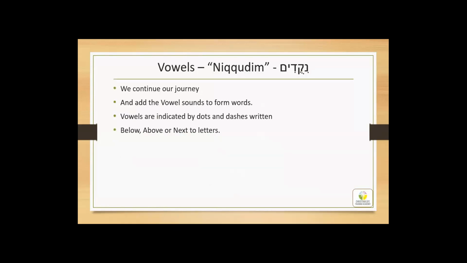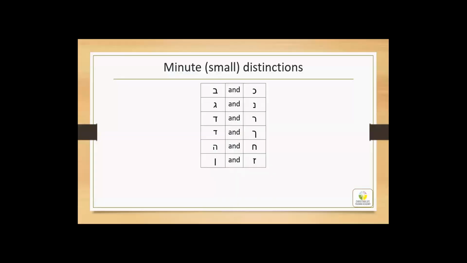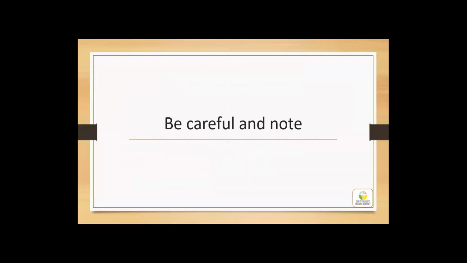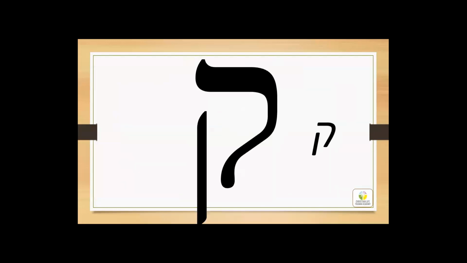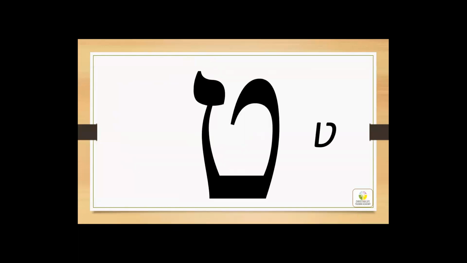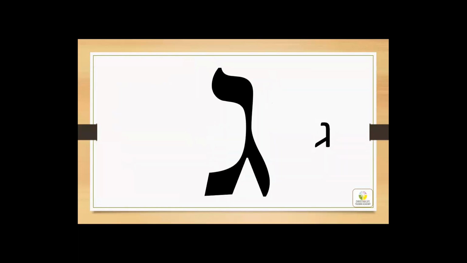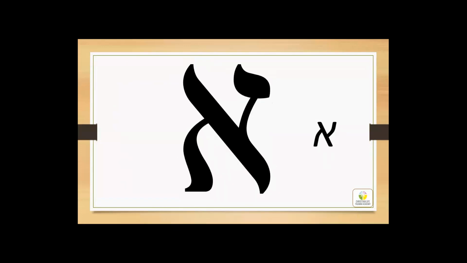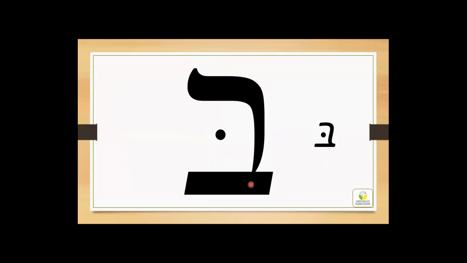So the other letters have similar interactions like that, or is it only that one? You mean bet and vet? Yes. Bet without the dot is vet. Let's take for example Dalet. Does it also have a similar interaction in terms of a dot or without a dot?